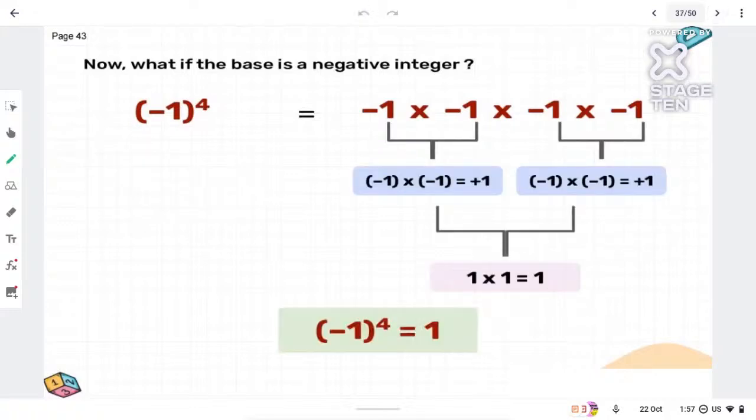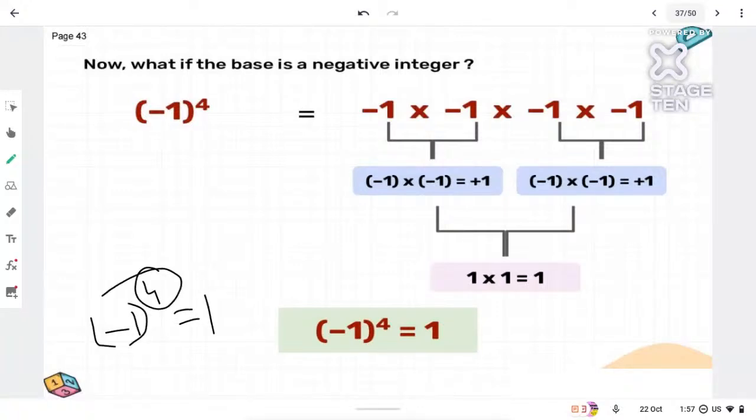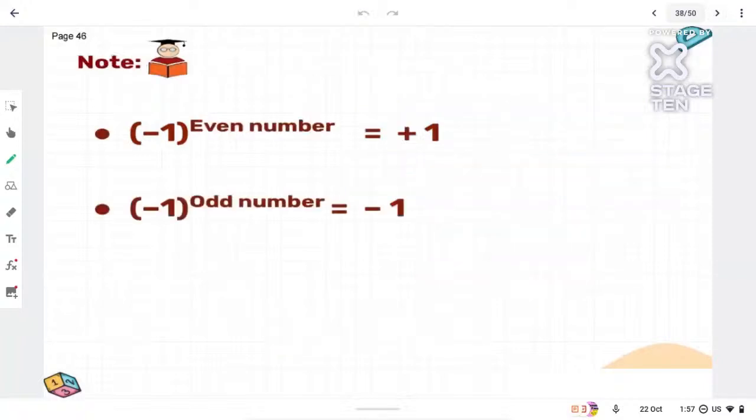So we saw that minus 1 raised to 4 is equal to 1. But what is the 4? 4 is an even number, correct? Let's see one more example. If I have minus 1 raised to any odd number, for example minus 1 raised to 3, I will get the answer as negative.